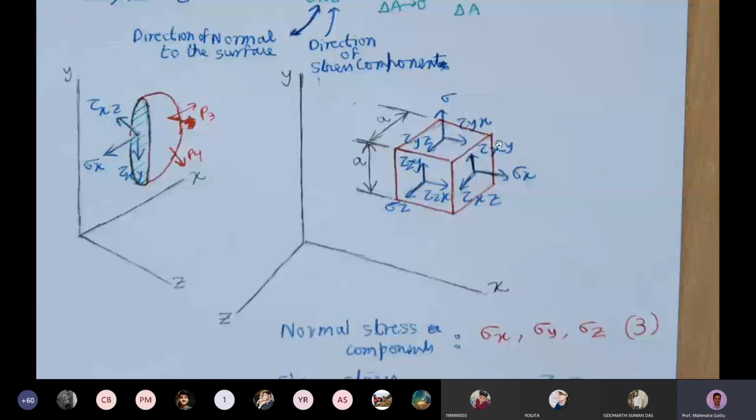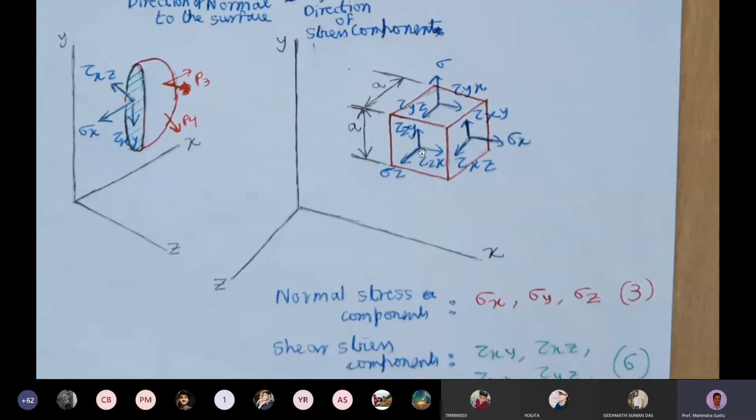This face has its normal in the x direction, so we have the normal stress component sigma x and the shear stress components tau xy, where x represents the normal and y represents the direction, and tau xz. Similarly, on the top face we have the normal stress sigma y, and the shear stress tau yx, acting along the x direction, and tau yz, acting along the z direction. And for the vertical face, we have sigma z, and then the shear stresses tau zx and tau zy.